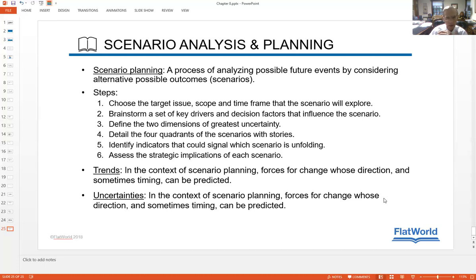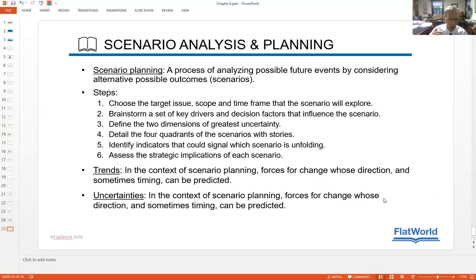And then we evaluate them. What would be the impact of these changes on our ability to do business, on the competitive environment, on our competitors' abilities to do business, on opportunities for greater or less profit?